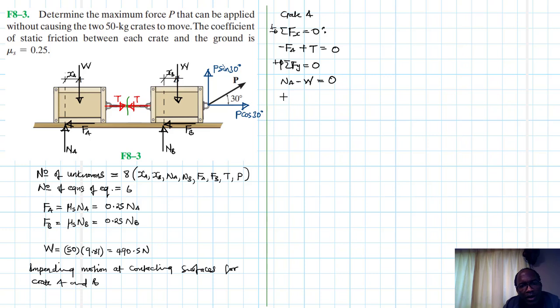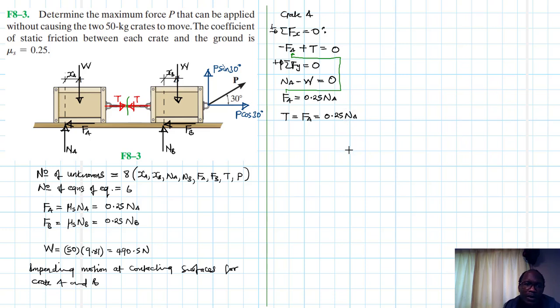Okay, then we have another equation here, which is friction equation. Fa is equal to mu, which is 0.25 times Na. Okay, so if we are to feed this equation there, realize that our value of T therefore will be equal to Fa, which is equal to 0.25 Na.